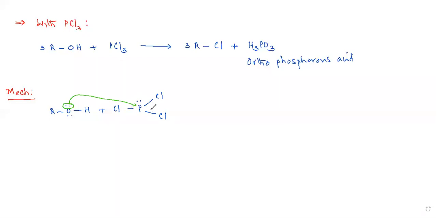As and when this comes, the chloride goes off. Cl minus goes off, and we get R, O, a hydrogen, positive charge, phosphorus, which has still got its pair of electrons, then the two chlorines. Okay.